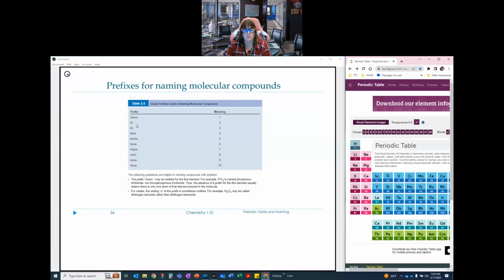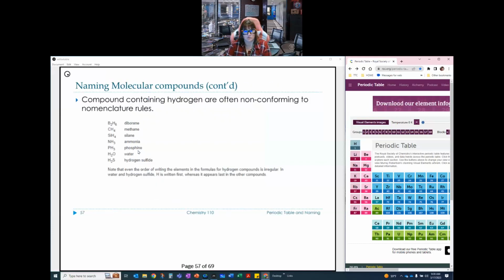Again, typically the ones that we use, the di, the tri, the tetra, and the penta are the most common. There is one specific one that I can think of that's a hepta, and it's a B7. But it's not that common that we deal with those. So if I were only going to choose a few that I would memorize, it would probably be those first few. Okay? So those are the ones that we'll need for naming our molecular compounds.